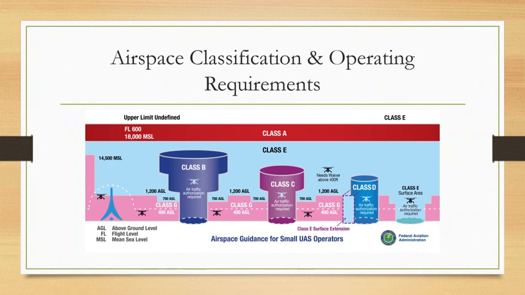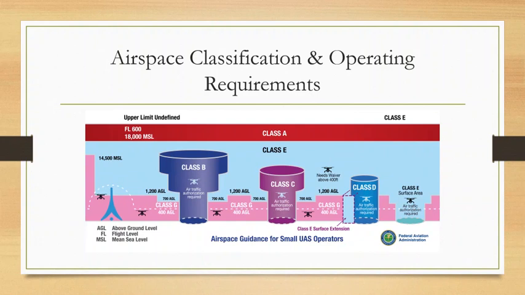Now, the National Airspace System, as you can see in our graph, is comprised of Class A, Class B, Class C, D, E, and Class G airspace.